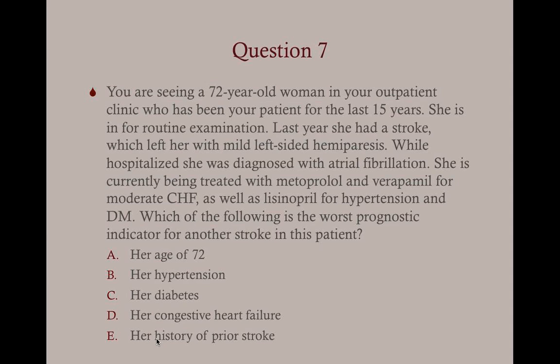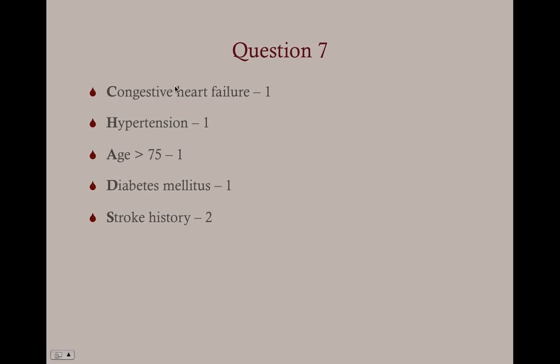And the answer is E, her history of prior stroke. All of these are risk factors for another stroke, but a prior stroke is the biggest risk factor. And the way you can remember this is the CHADS-2 mnemonic. What this really is, is a way to classify the patient's risk for developing another stroke.